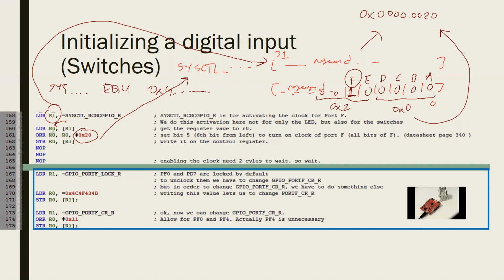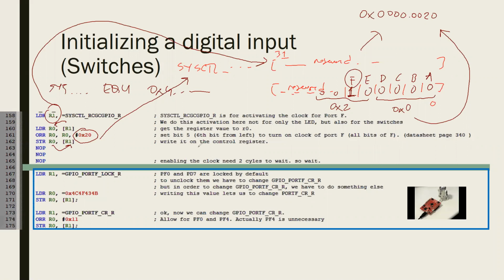I OR this R0 with this value and write it to R0 so that this bit becomes 1. The others don't change. And in the end, I write it back to where R1 points. Now, since the 5th pin starting from 0, which corresponds to the clock being fed to port F, is 1, now I'm feeding clock to port F.